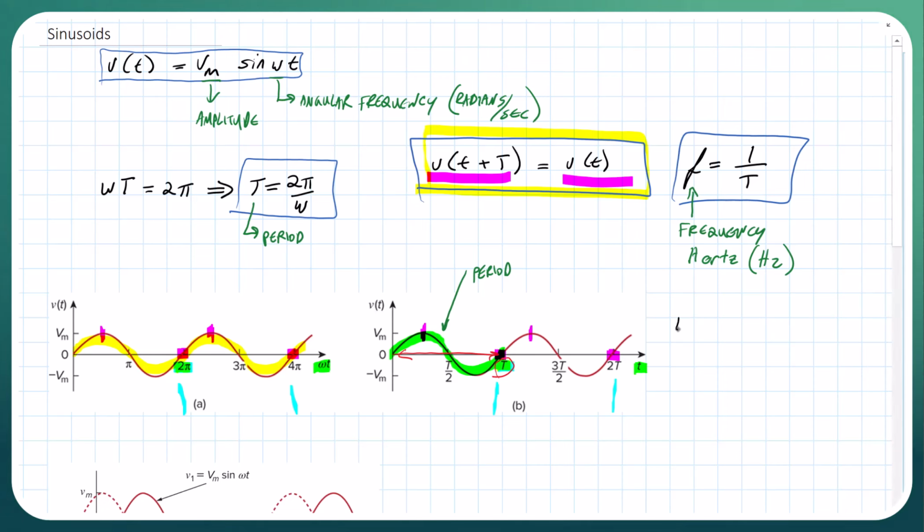So our omega is equal to 2 pi f. So we can go back and forth between our frequency in hertz and our angular frequency through this relationship. Cycles per second are hertz, while our angular frequency is radians per second.